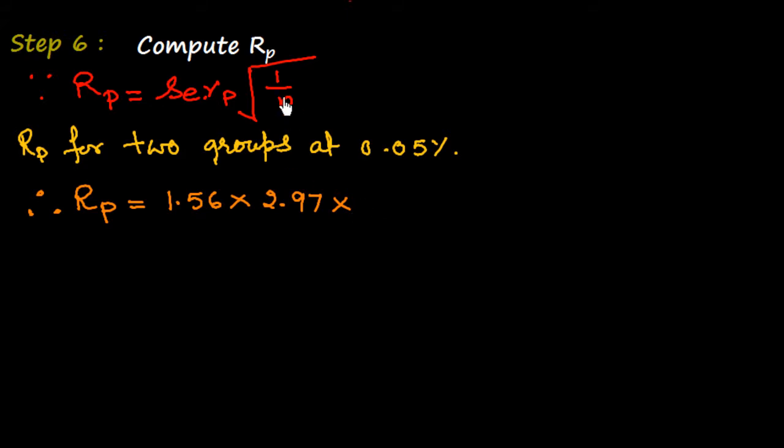And now root 1 by 7, so we calculate root 1 over 7, which is equal to 0.378. We will write it down here, 0.378. This would be common in all the RPs.